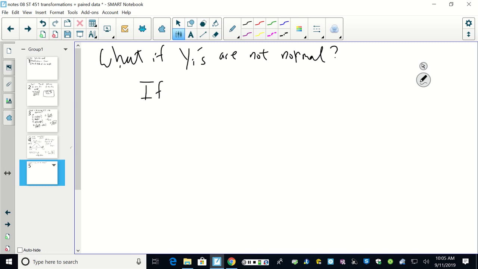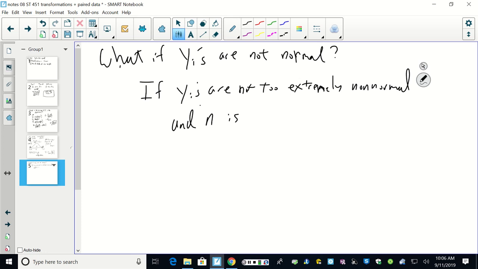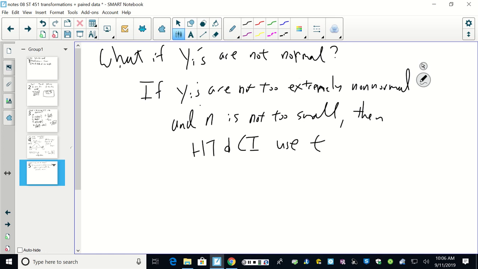So the vague statement: if the yi's are not too extremely non-normal, and the number of pairs is not too small, then the hypothesis tests and confidence intervals using the t distribution can still be reasonably accurate.